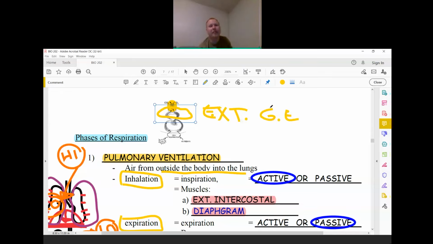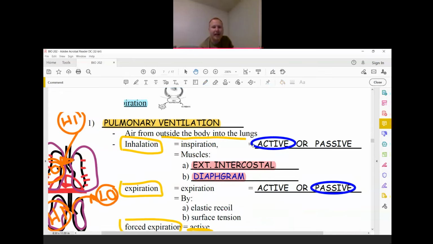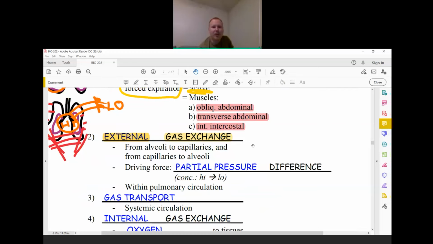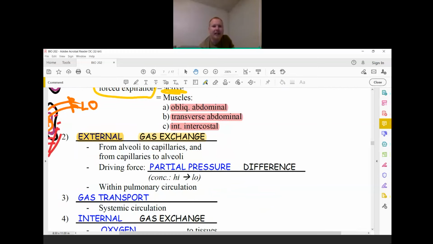So we're exchanging those gases. And the direction is that we move oxygen from the alveoli to the capillaries, and we move carbon dioxide from the capillaries to the alveoli.